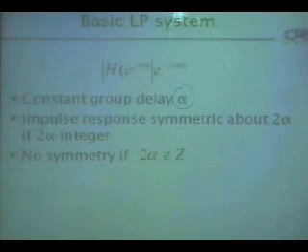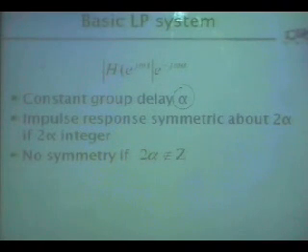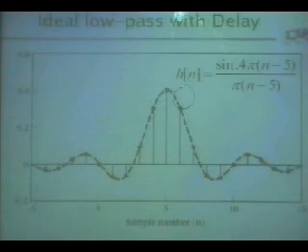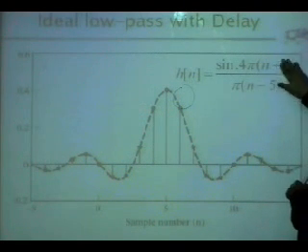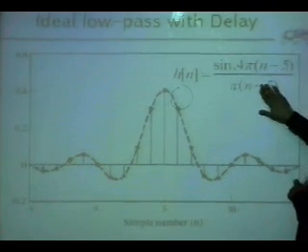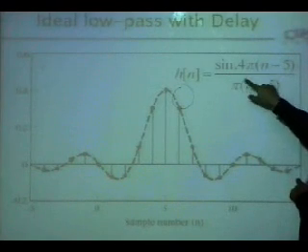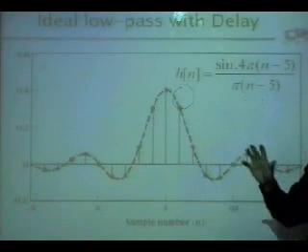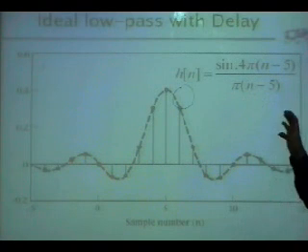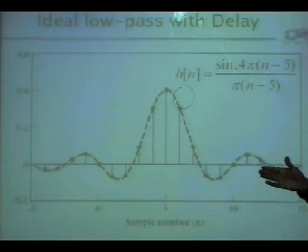So if alpha is an integer, and it will be non-symmetric, still it will obey this if 2 alpha is not symmetric. This is an example. If you ignore the minus 5, this sine 0.5 pi n over pi is symmetric.